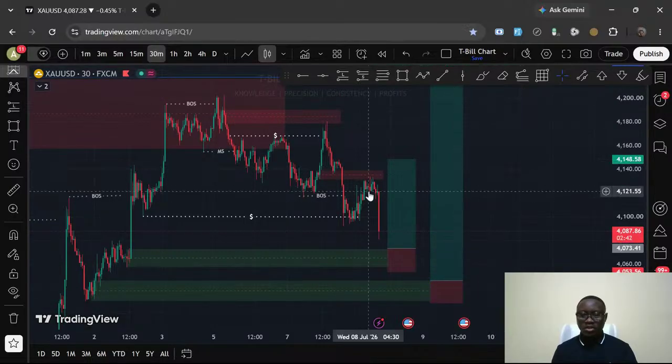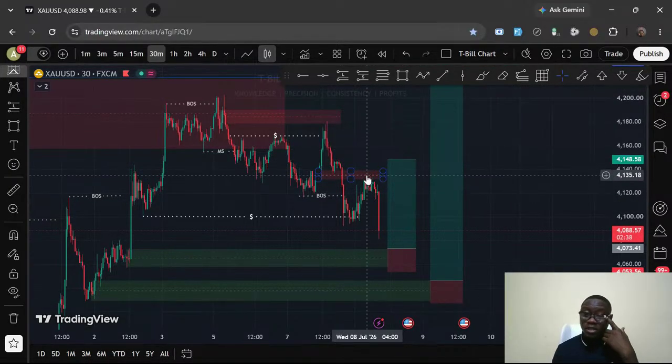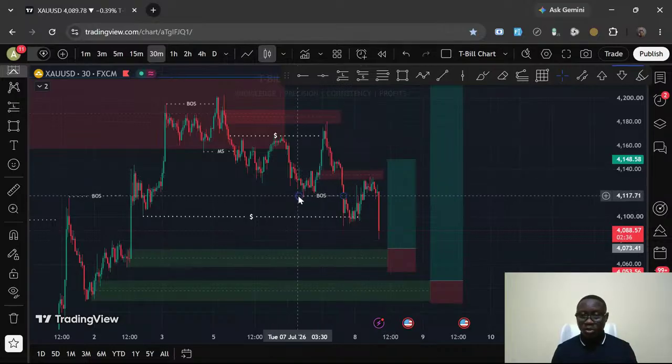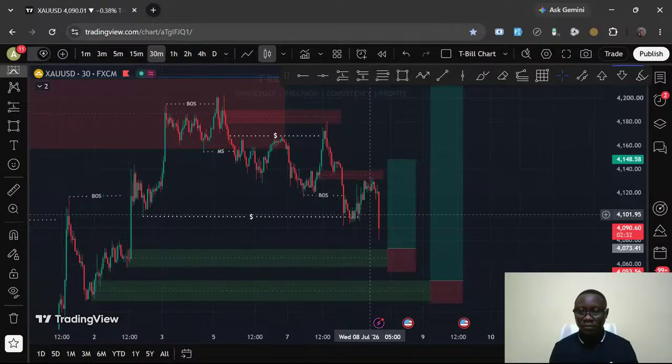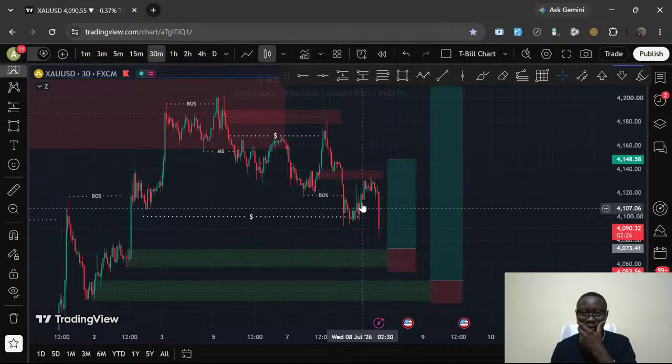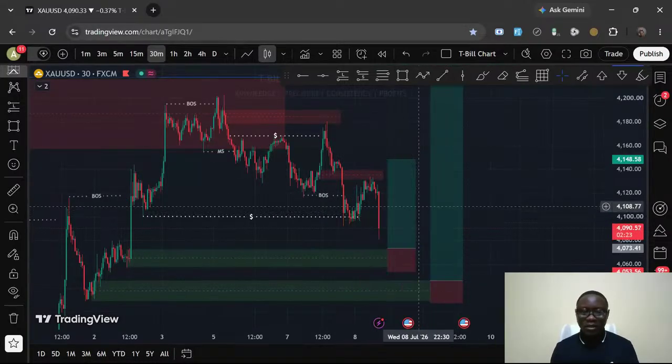Okay, so I think it's too late. We can't get into this trade. We can't take this trade. It's too late. This should have been our best entry. We got our break of structure to the downside right here, and we got our clear inducement. Okay, and now price is selling.